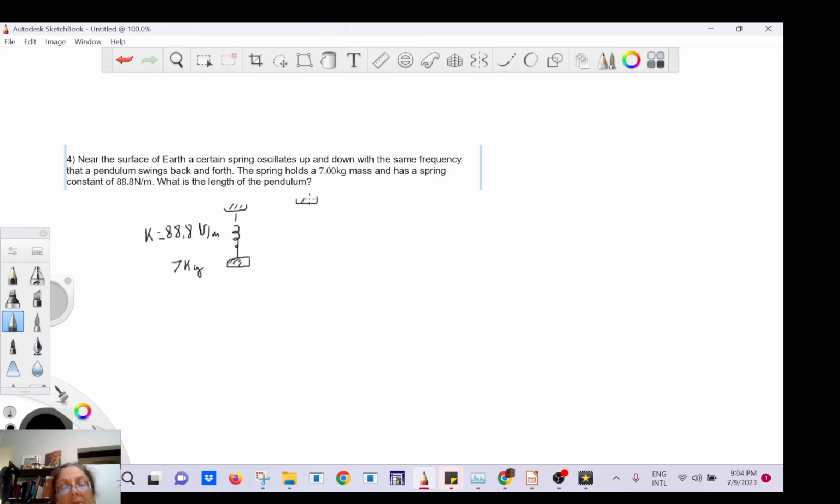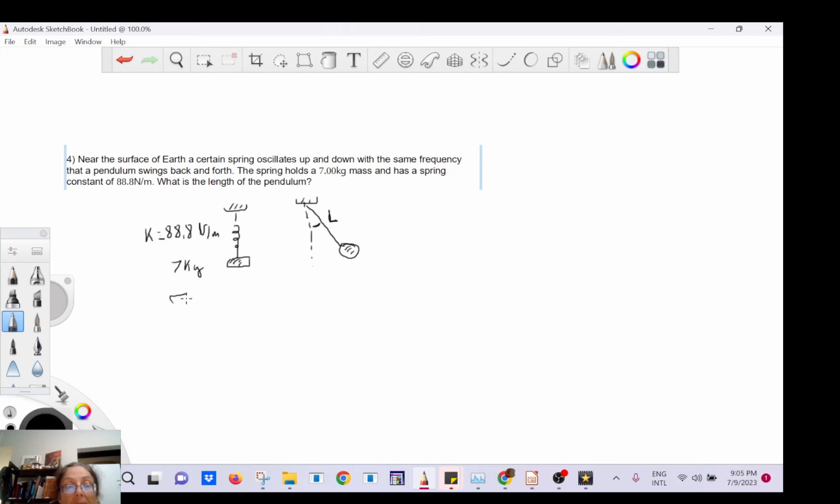And then you also have a pendulum. And they have the same frequency. So that means they have the same period, right? So here the length is L.